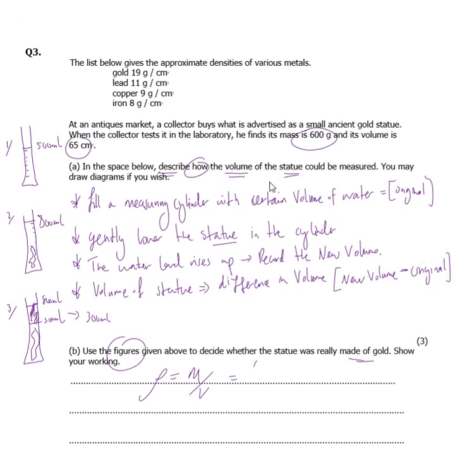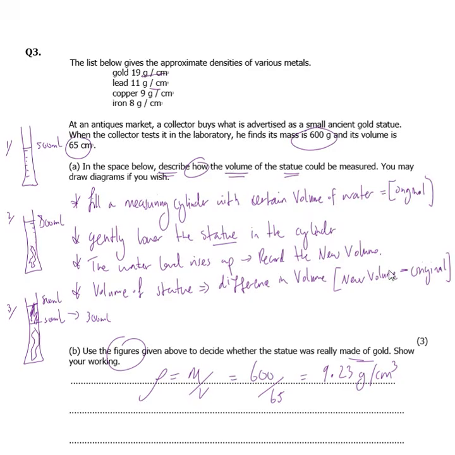So it's going to be 600 grams divided by 65, and I get 9.21 grams per cubic centimetre. Now, I do not need to convert because all the answers here are in grams.